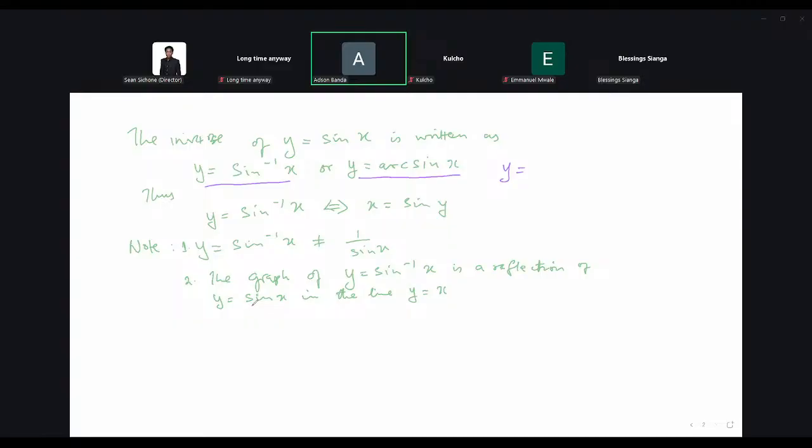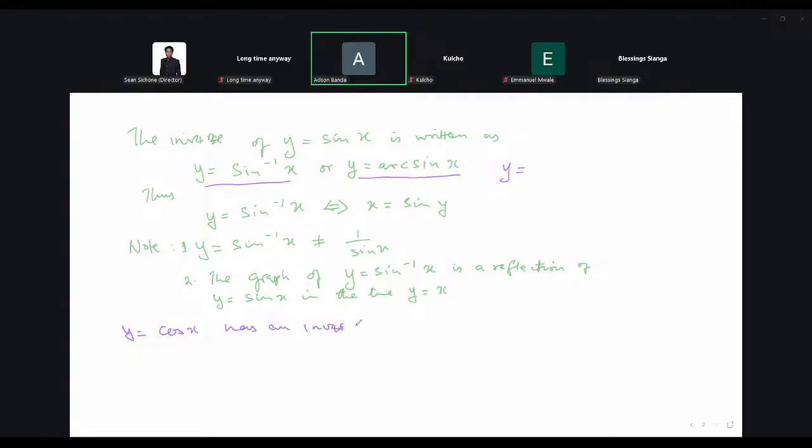Right, in a similar manner, we can define the inverse of the cosine. Again, we are going to restrict the domain. We have y equal to the cosine of x. Again, it is not 1-to-1, but it becomes 1-to-1 if we restrict the domain to 0 to pi. So this one has an inverse.